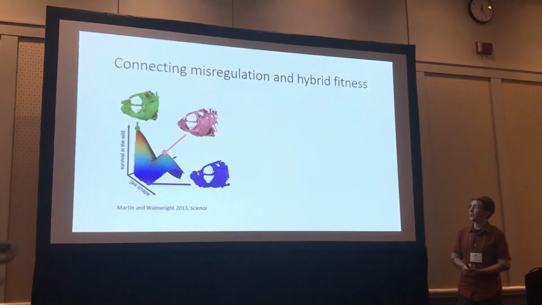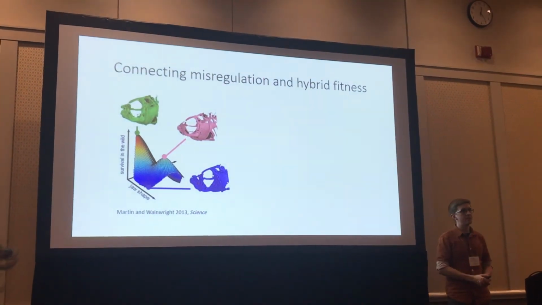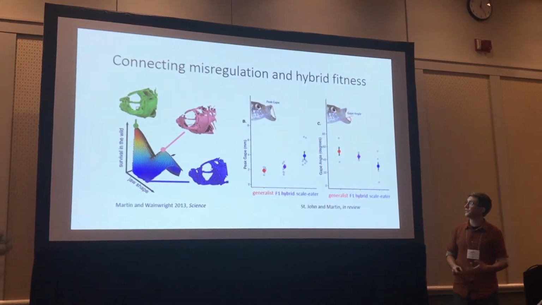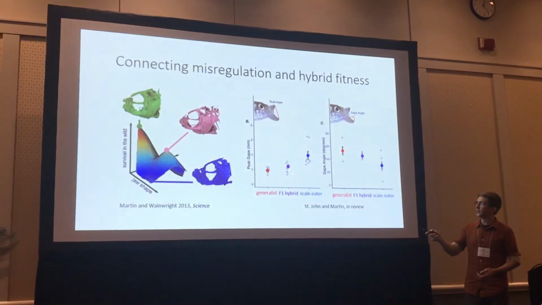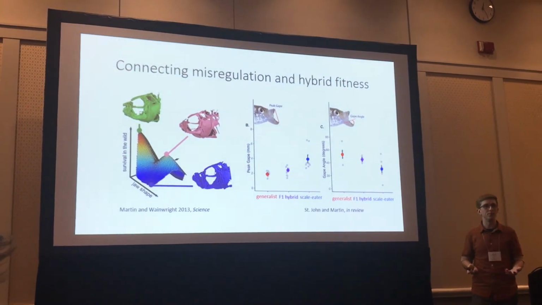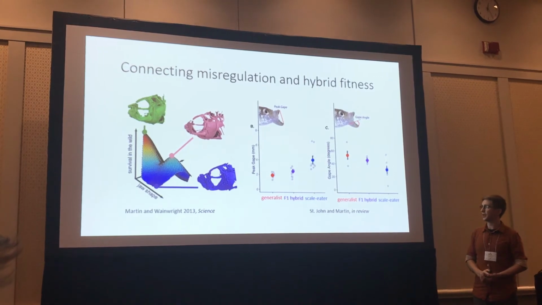This is supported by work that shows that hybrids with intermediate craniofacial phenotypes do very poorly in the wild, and also feeding kinematic data that shows that F1 hybrids differ in traits from their scale eater parents that are important for scale eating, like peak gape of the jaws and gape angle of the jaws.